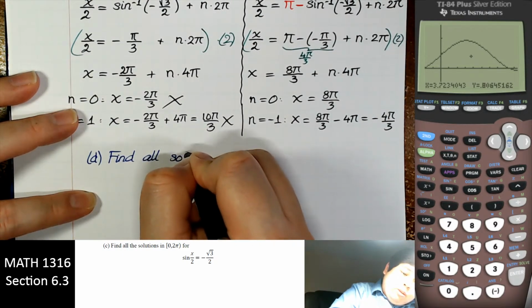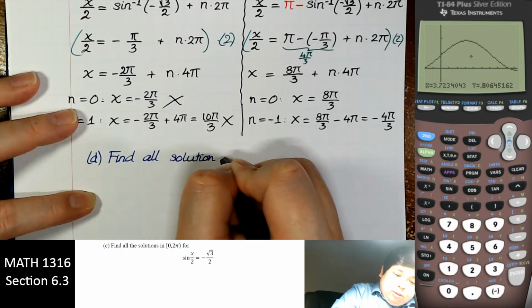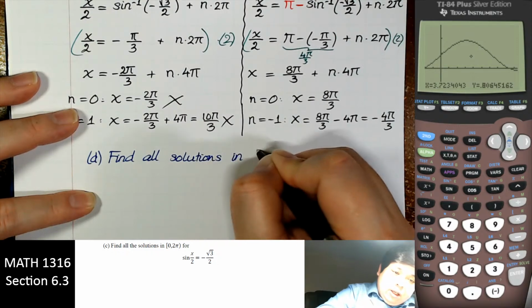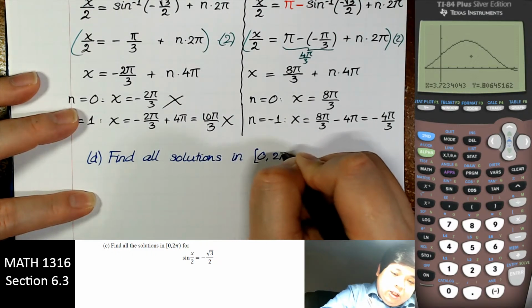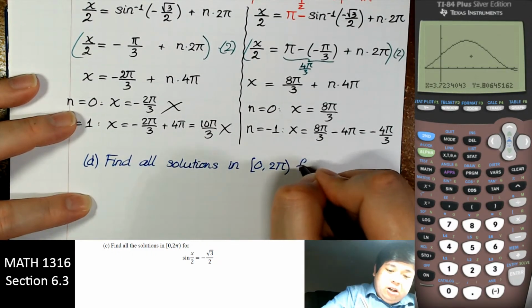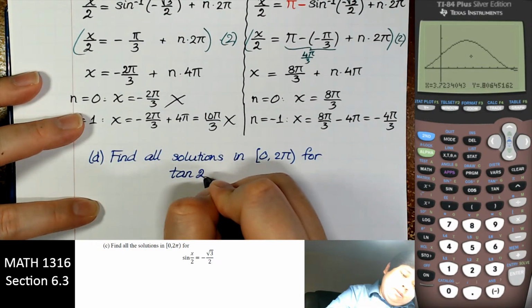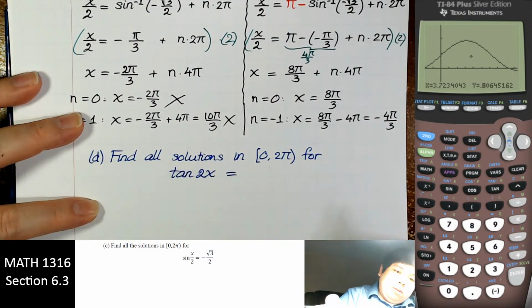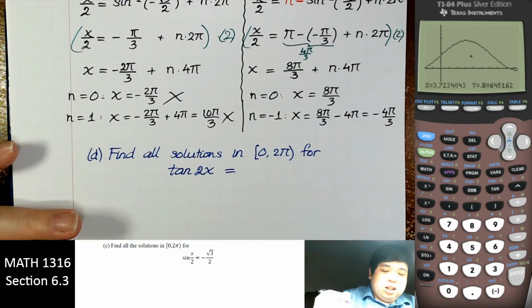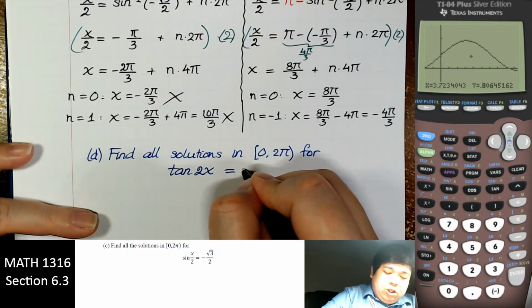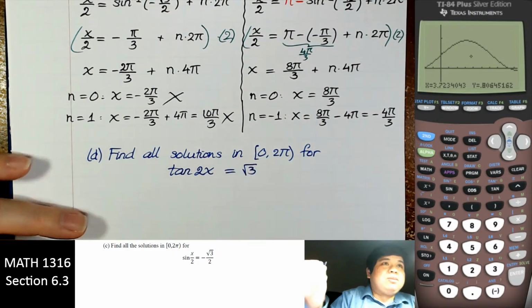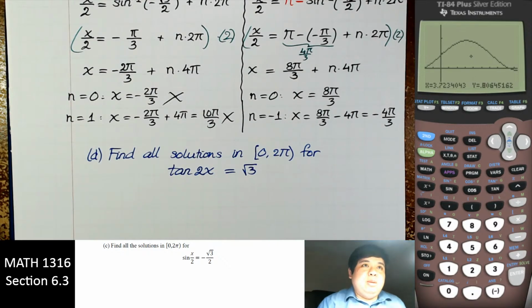Find all solutions between 0 and 2 pi, because we haven't done anything that has the tangent in it. So let's say tangent of 2x equals square root of 3, right? Do that simple.